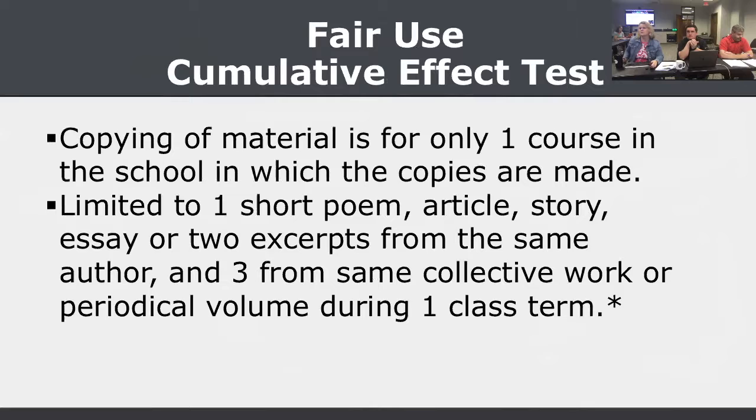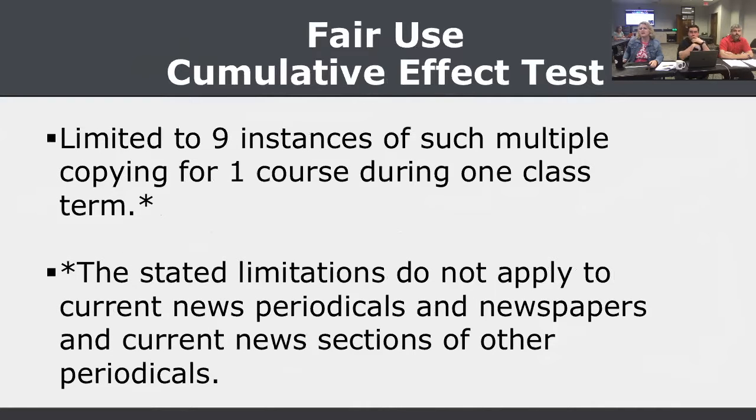I guess the idea is that you wouldn't buy the whole book just for one poem, but if you're going to copy 5 poems, then maybe you would go to the principal or the superintendent and ask them to buy the book. So the cumulative effect can't have the impact of, otherwise I would have bought the book if I couldn't have made these copies. You can have 9 instances of multiple copies for one course, and that doesn't apply to your current events classes. You can have more than that for news periodicals if you have a current events section of your class.